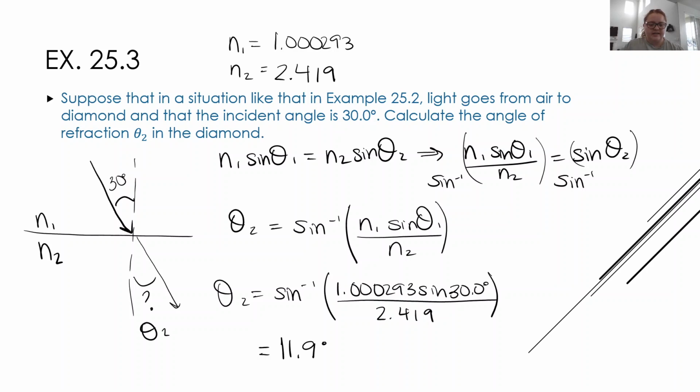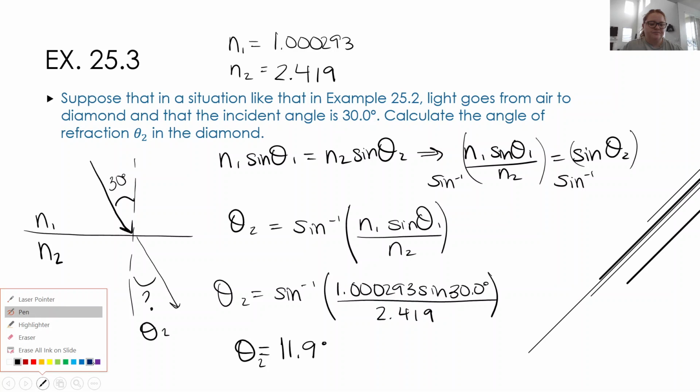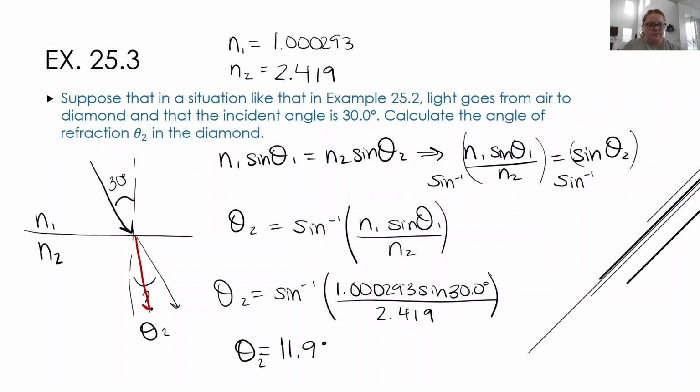So my theta 2 is 11.9. So it bent quite a bit in this direction. So if I get a different color, it would be about here. That's about 11 degrees, say, okay? All right, and we already knew that it was diamond, so I don't need to guess what material it is in this case, okay?